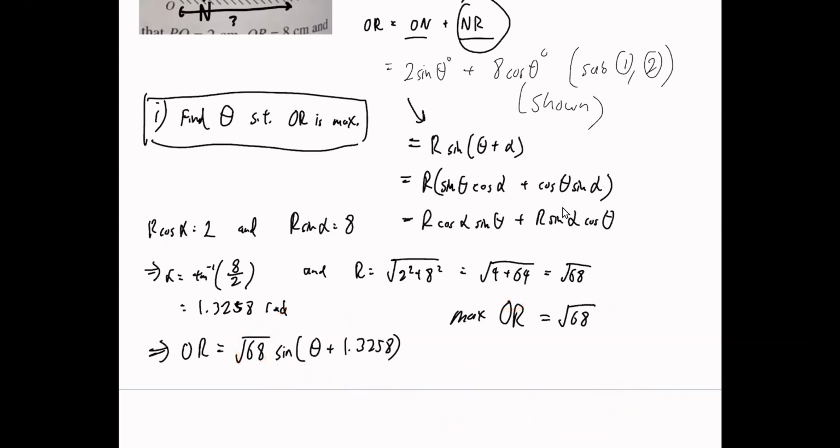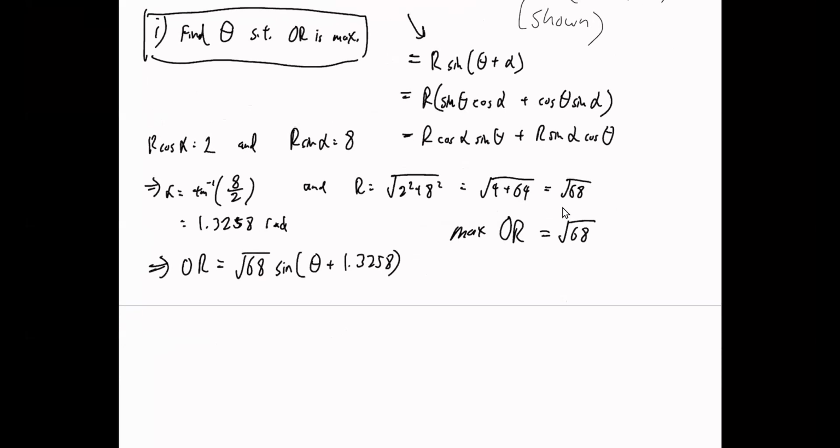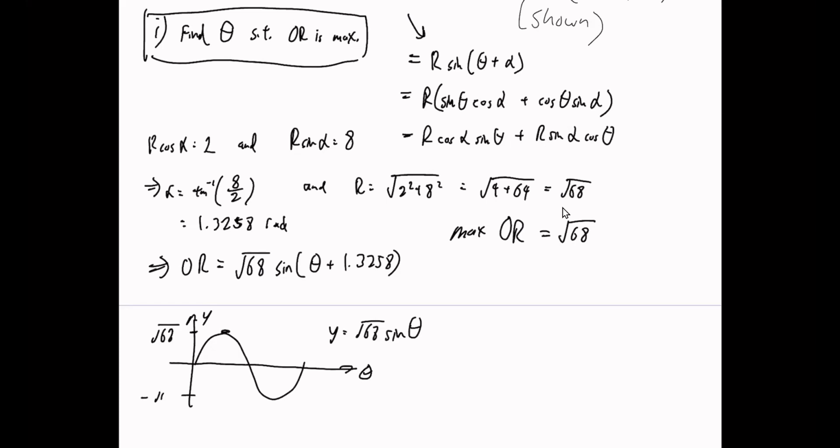Okay. Now, what's the theta that allows this maximum to occur? That's when you have to draw. You must really understand what's going on with the sine curve. So sine curve looks like this. Let's just assume this is a square root 68 sine theta graph. So maximum is positive square root 68, negative square root 68.